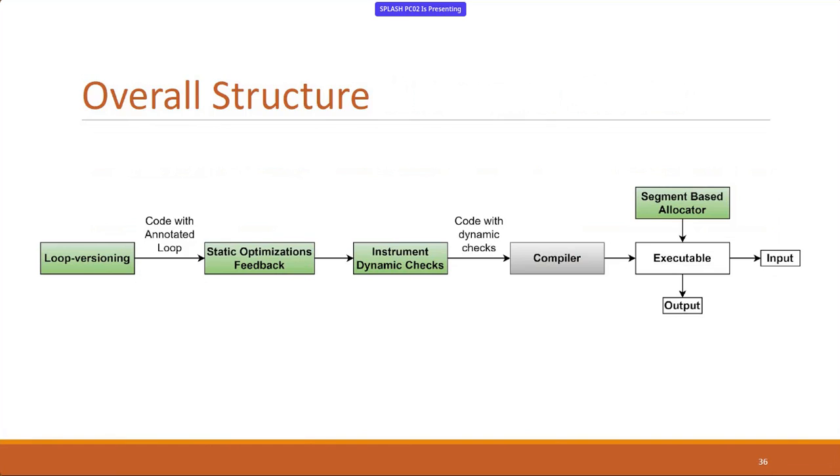For the remaining loops, we compute the dynamic checks, which are further instrumented. The transformed code is fed to the compiler to convert it to the executable, which is linked to our segment-based allocator. The executable is run with the given inputs to get the performance benefits.